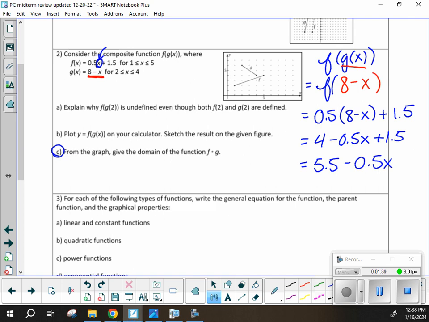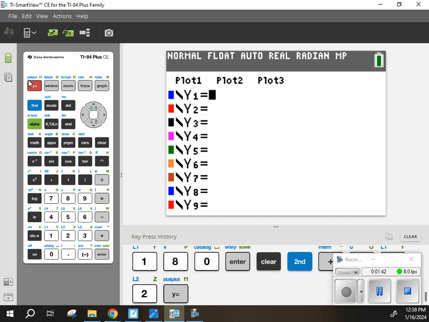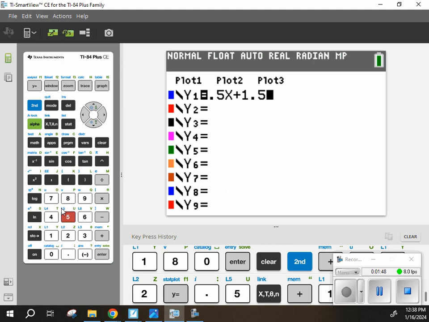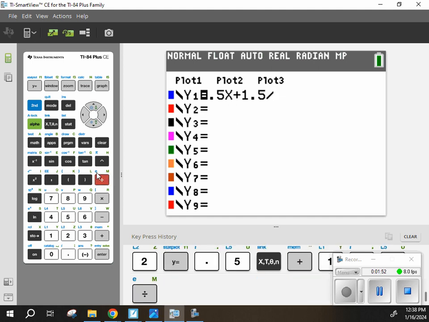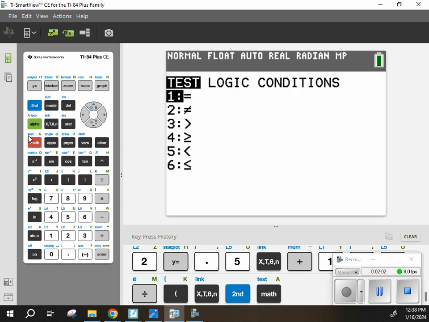So let's go ahead, and this is a little bit tricky getting this in there just right. We're going to put y1 in there. That's 0.5x plus 1.5. And then to get the restricted domain in there, we need to divide by parentheses. We've got to set that inequality apart and say x is greater than or equal to 1. All of these symbols are under test, which is second math.